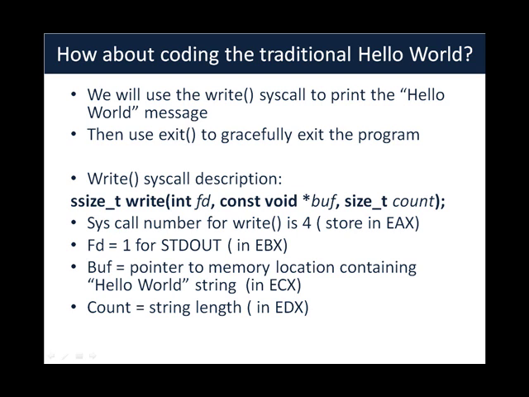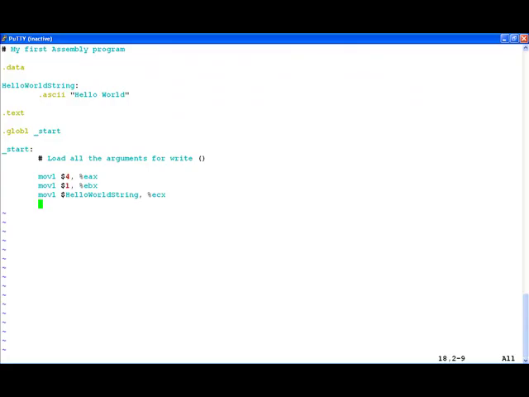Finally, into EDX we need to move the string length. So this would be 5 for hello, 5 for world, and a space in between, which is 11. So let's move the value 11 into EDX.